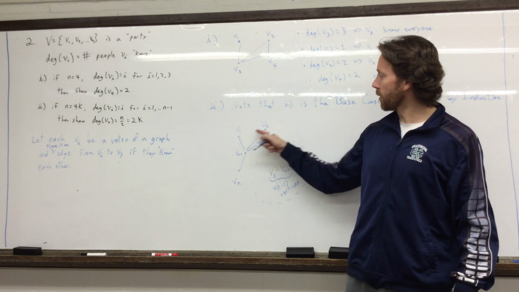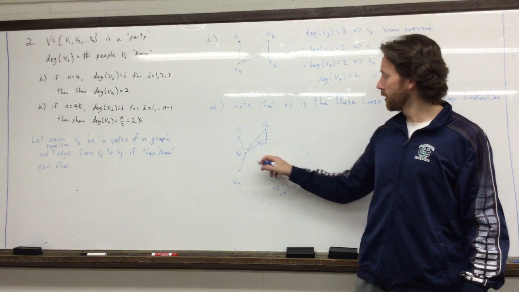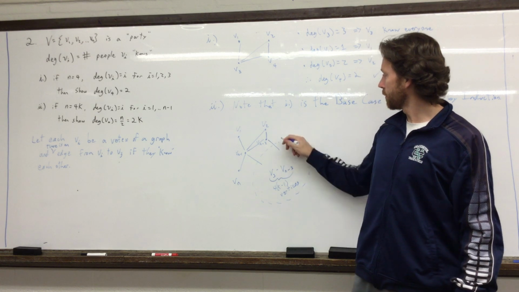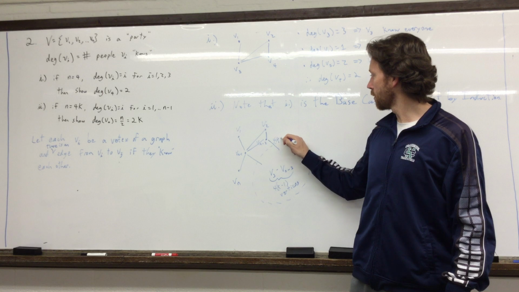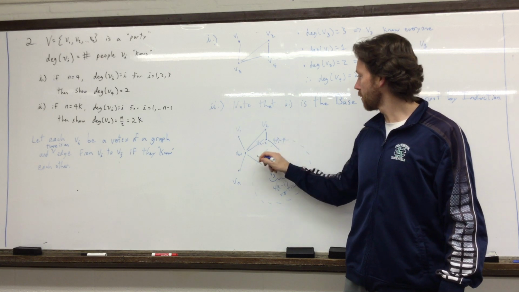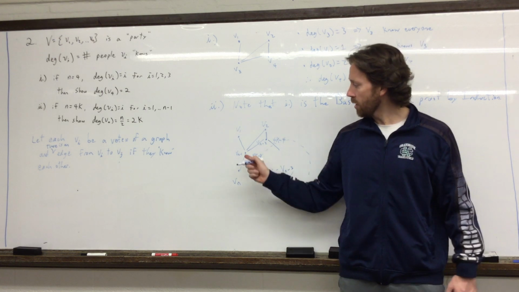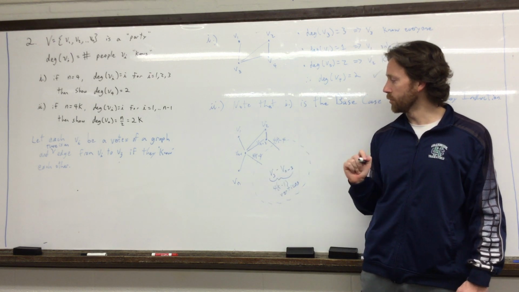And now V1 and V2 are not friends with anyone inside this large group, but these two guys, Vn-1 and Vn-2, are friends with everyone in this group.